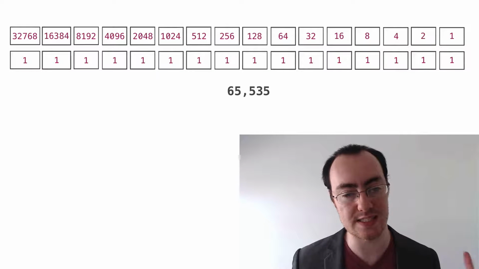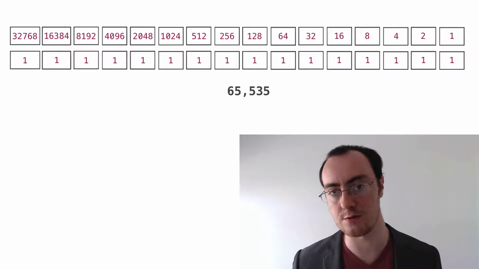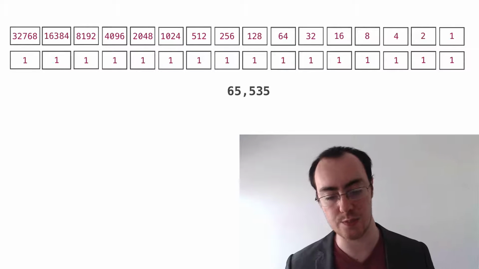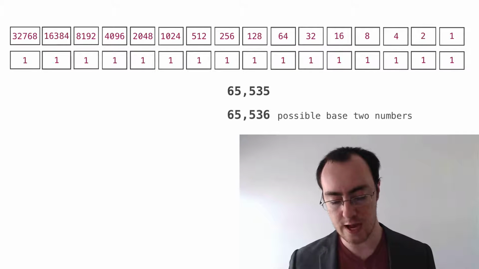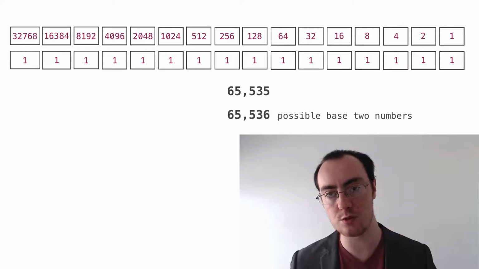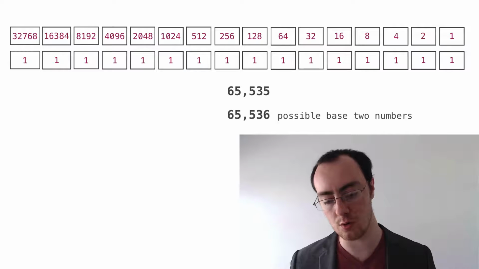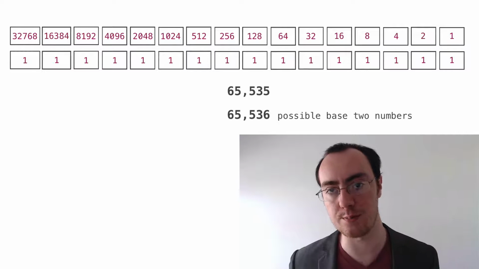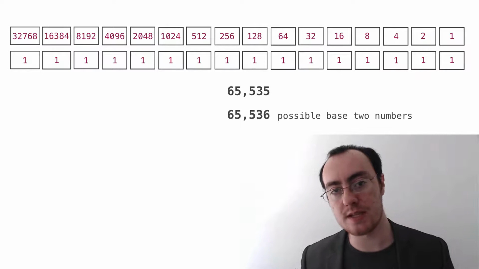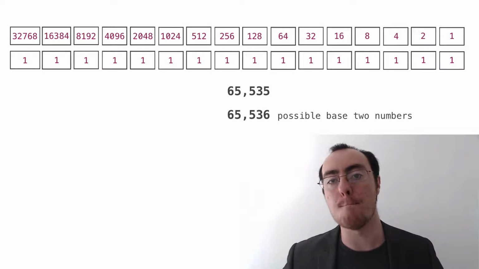So you can go from 0 to 65,535. There's your range. Giving us, don't forget, 0 is a possibility, 65,536 possible base 2 number combinations, because you go from 0 all the way up, just like we did with the 8-bit system. So can you now see, by having just 8 more bits, we've raised the ceiling massively.